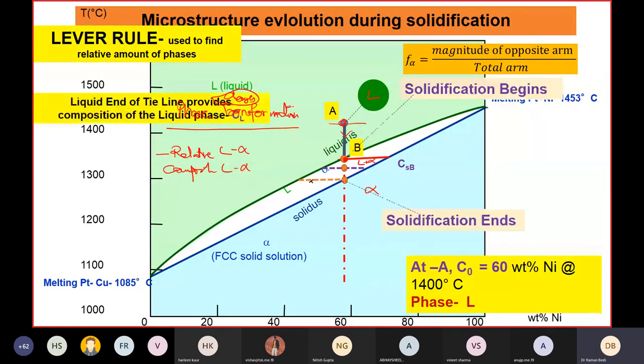Point B is the start of solidification, and when it is touching the solidus line, we say that is the end of solidification. In between you have something like this, and after the solidification has happened, the microstructure will look something like this. It will all be shown in blue, so it is all single phase alpha.